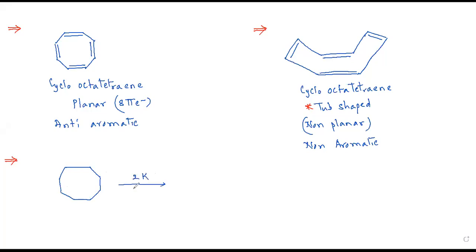Now, supposing if it is given this way, take 2 potassium atoms and consider the possibility of resonance. So this is what you actually get.